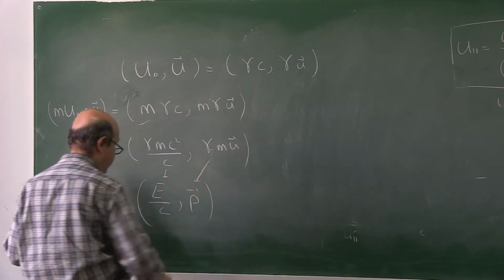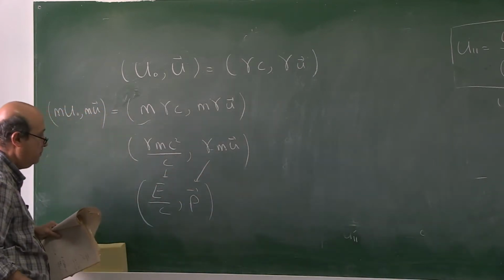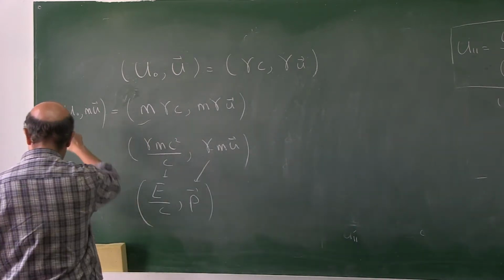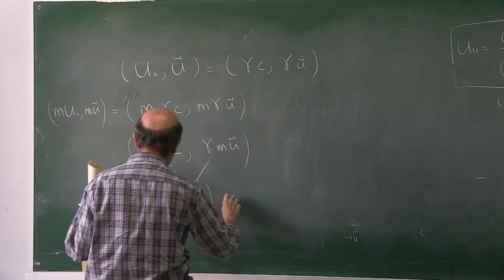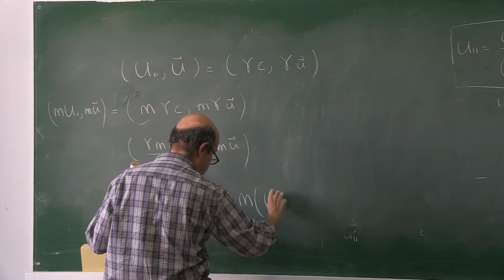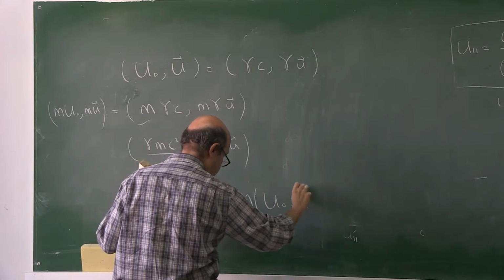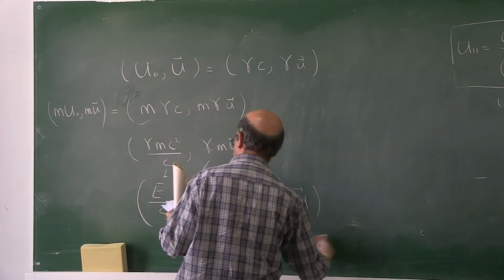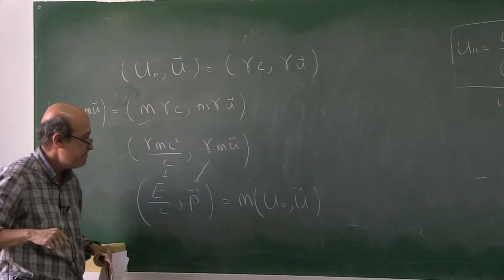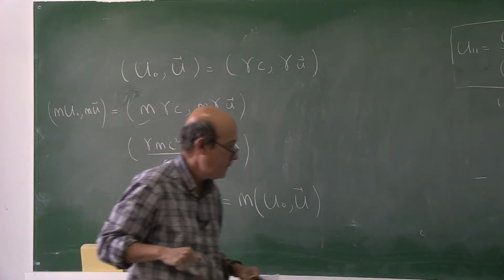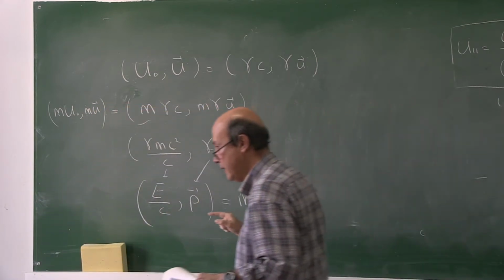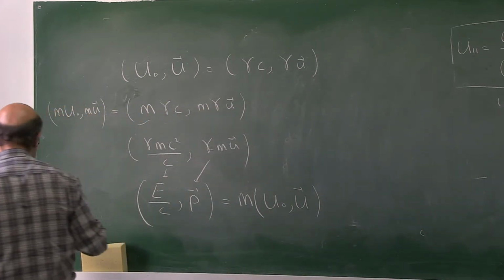This is the relativistic momentum, and that is equal to mass times u0, u, this one. Now, I find very easily the relativistic momentum and relativistic energy.